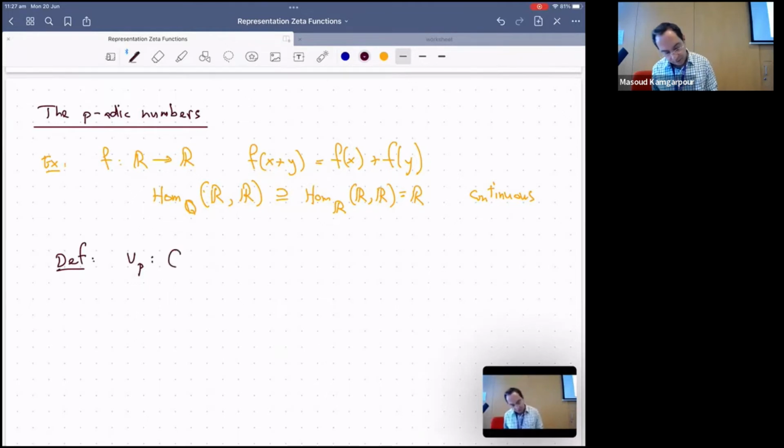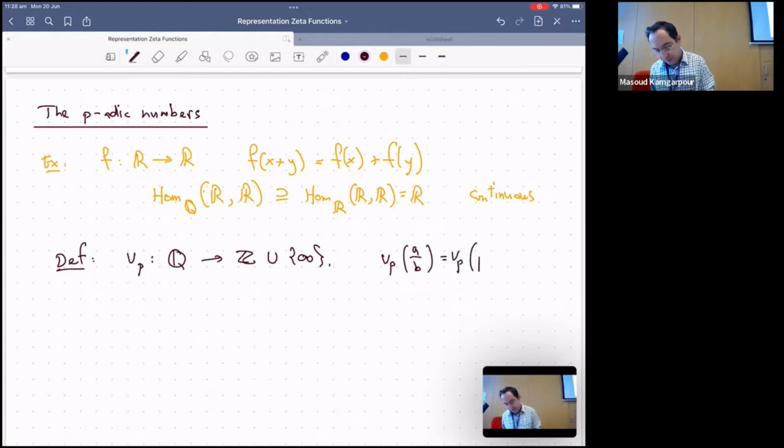The valuation on Q will be a map from Q to Z union infinity. And the definition is going to be: v_p of a over b, I will take the maximal p power that I can from a and b.